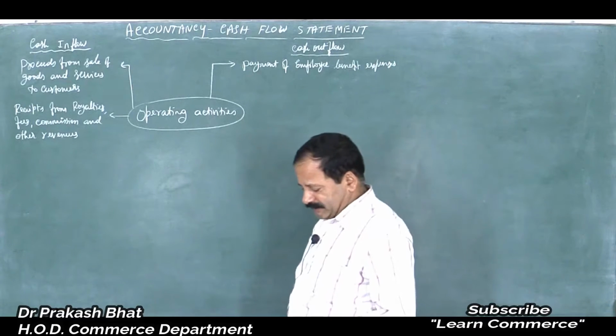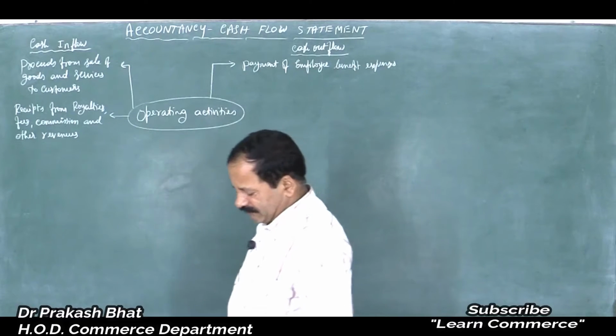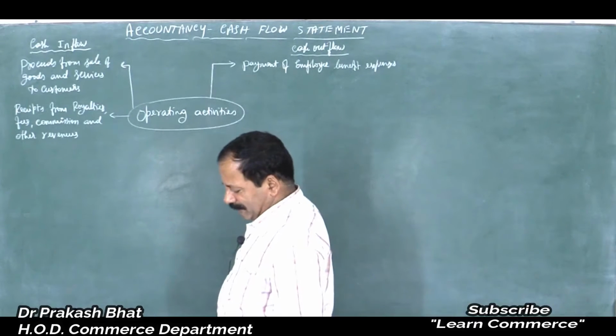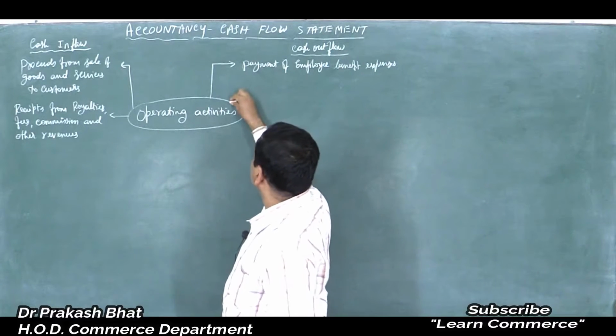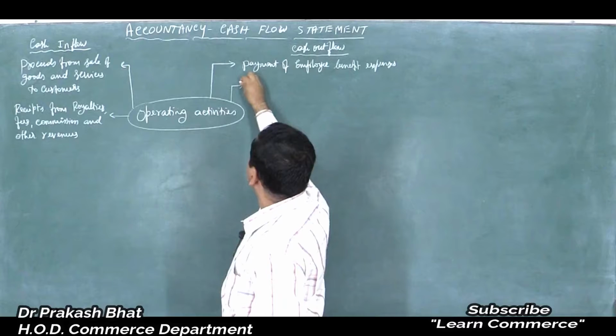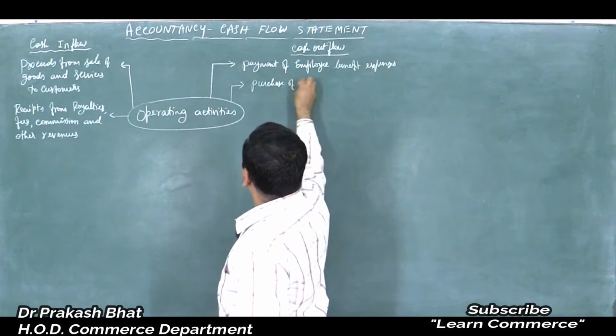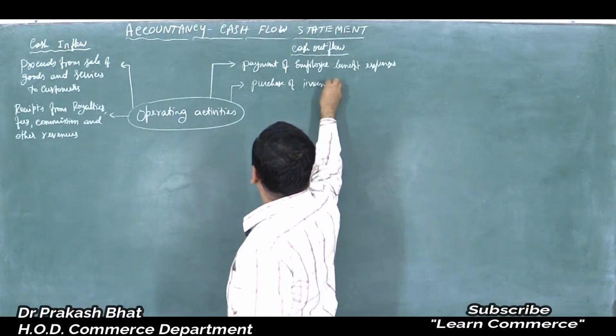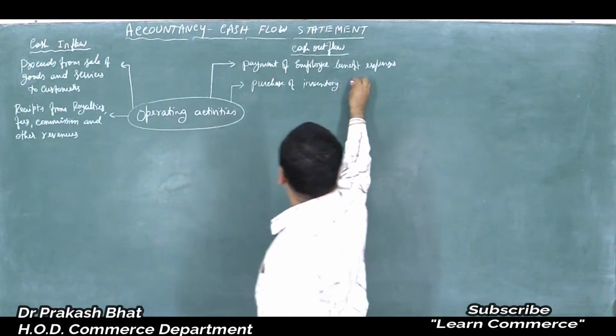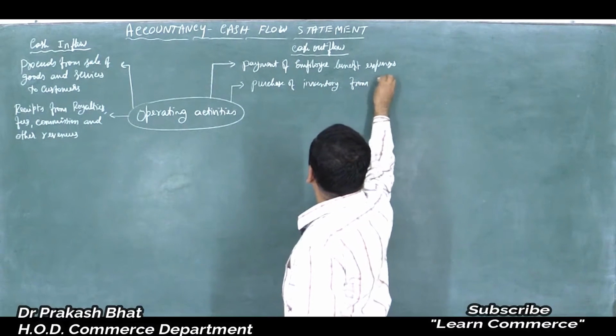Then the second one is purchase of inventory from suppliers.